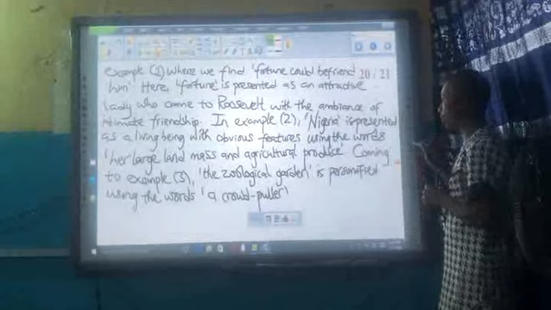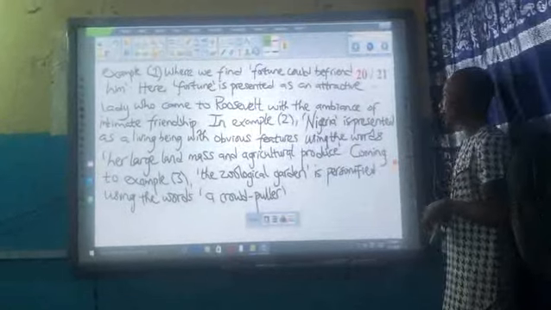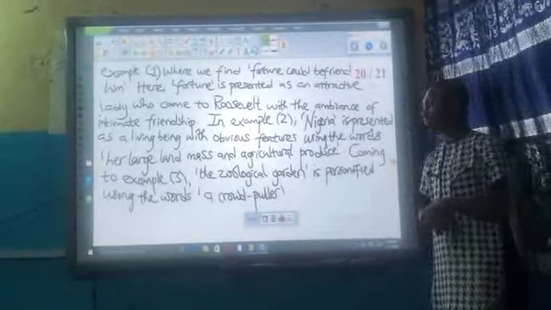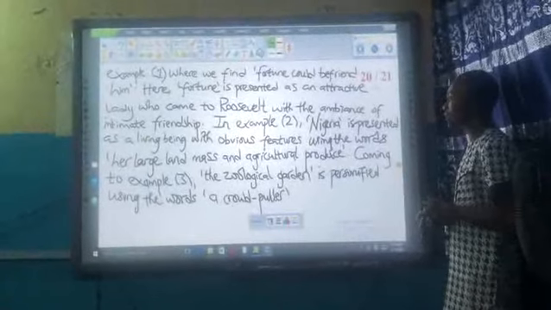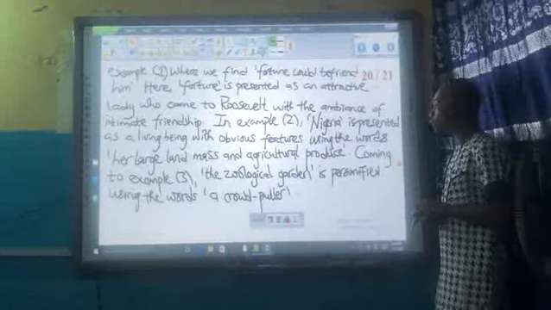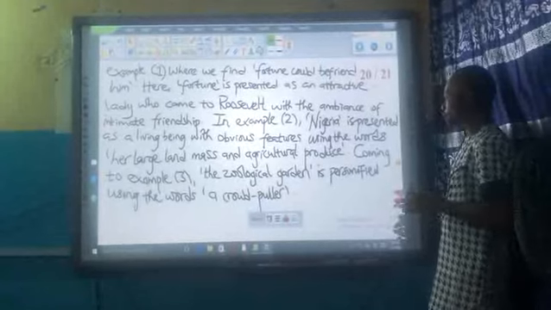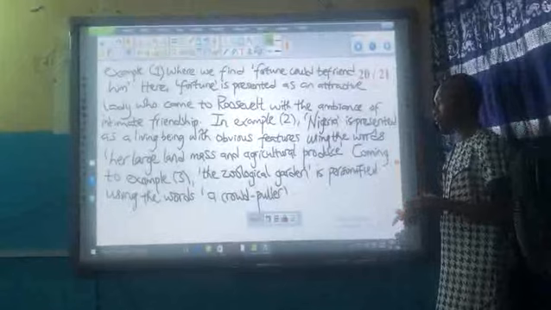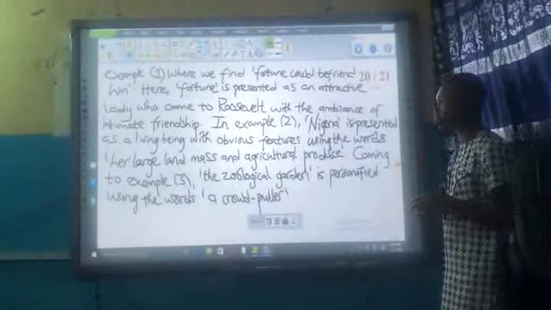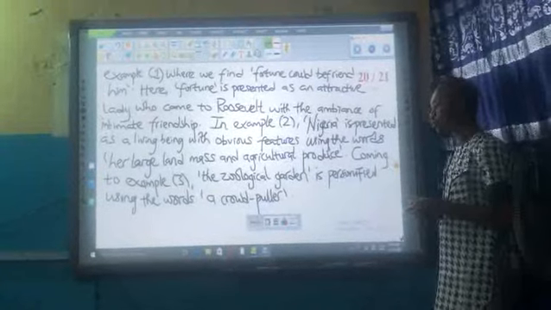You can see there. So, in example 2, Nigeria is presented as a living being with obvious features, using the words her large landmass and agricultural produce.